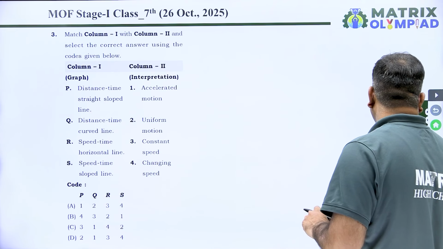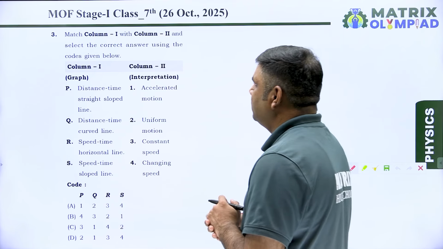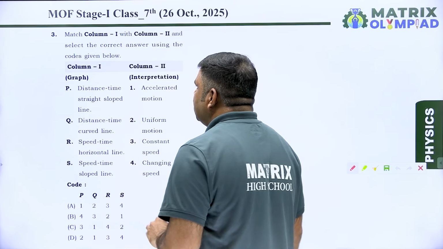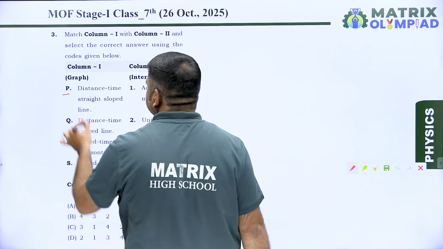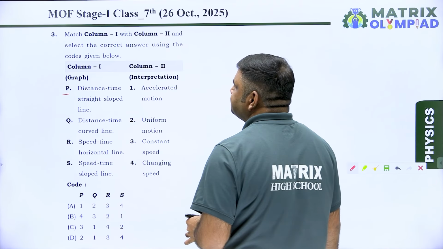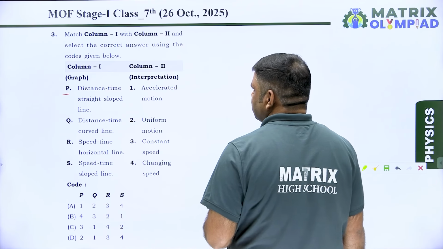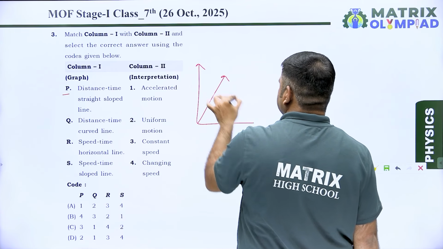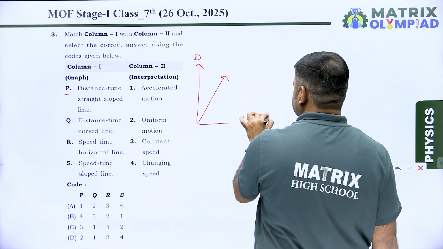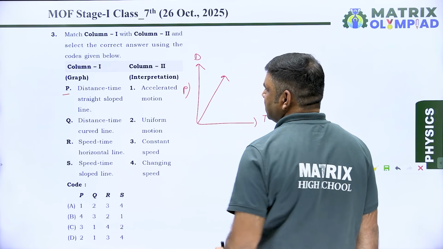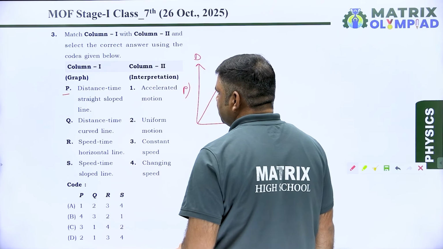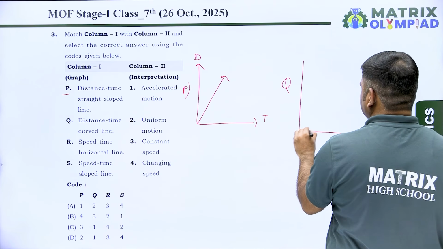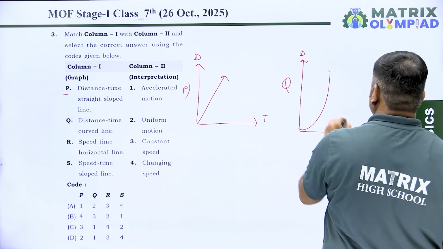Question number 3 is based on match the column. So column first and column second. In column first, P is distance, time, straight line, sloped. This is the situation in P. Q, distance, time, curved line, like this.